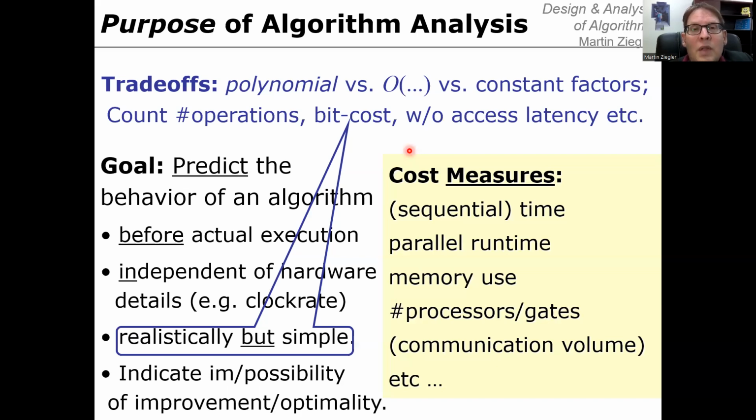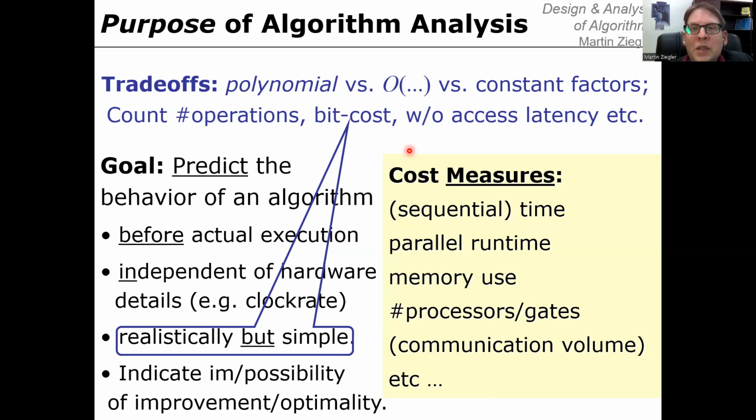And even more involved could take into account memory hierarchy latency issues, like does the algorithm operate on CPU registers, on level 1 cache, level 2 cache, on random access memory, or on external memory. So these are all various ways to possibly take into account when analyzing algorithms for the purpose of predicting their behavior.